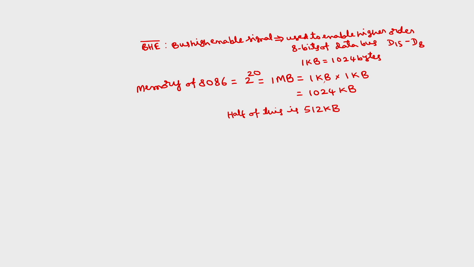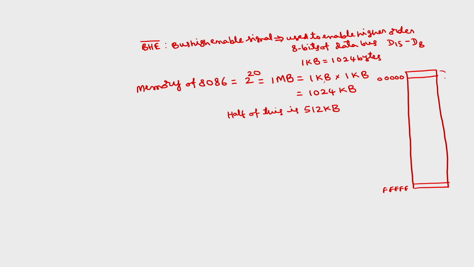So the total 1 megabyte of memory, which is 1024 kilobytes, we have a 20-bit address line. The starting and ending addresses will be 00000H and FFFFFH.